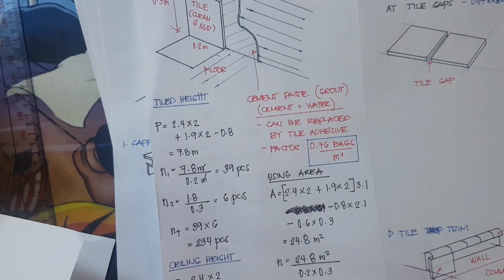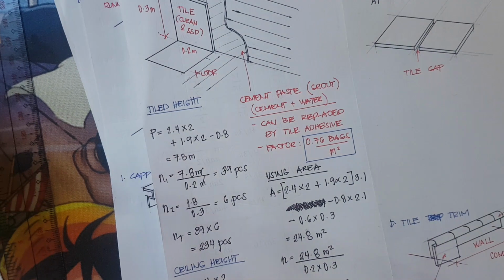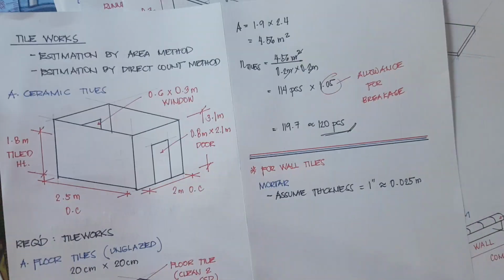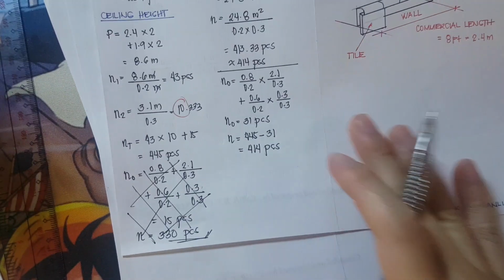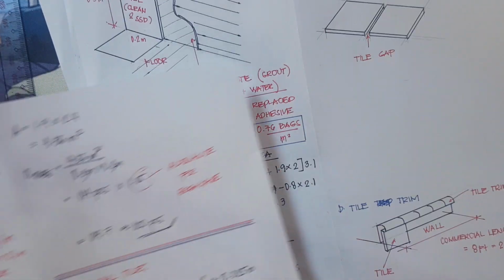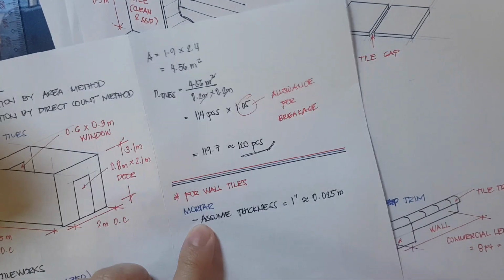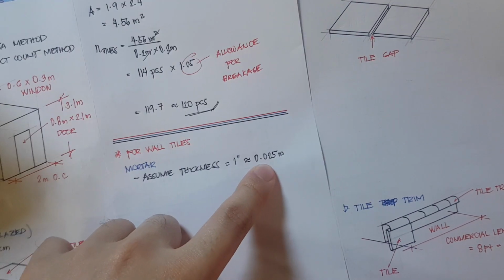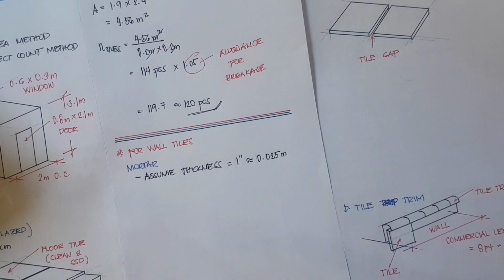Next would be estimating for the mortar. Okay? So, dito natin siya ituloy sa first page kasi wala na tayong space dito. So, for the mortar, we assume a thickness of the mortar as 1 inch, or it is equivalent to 0.025 meter.